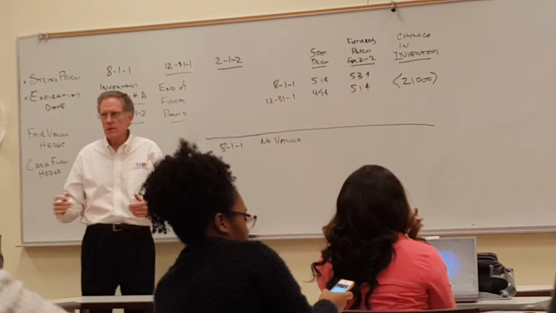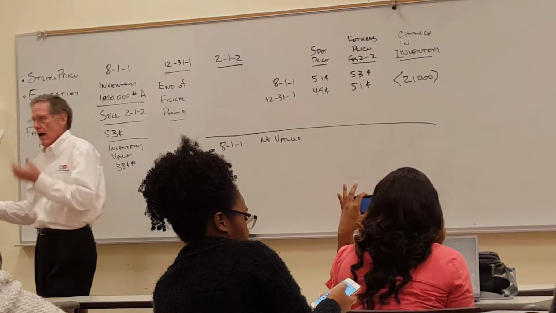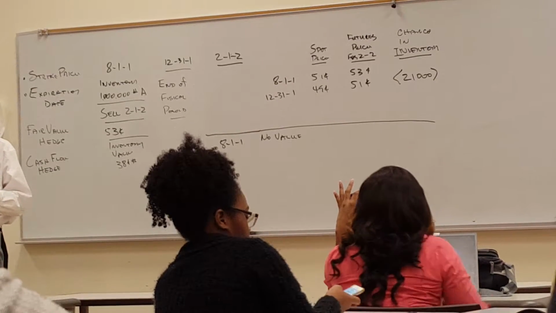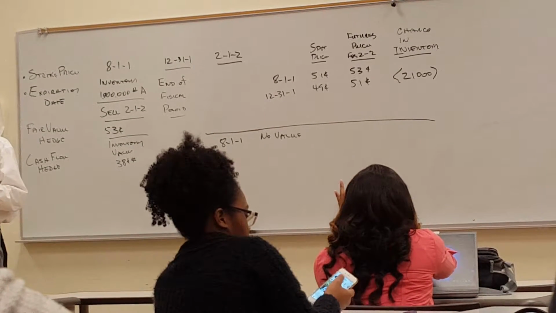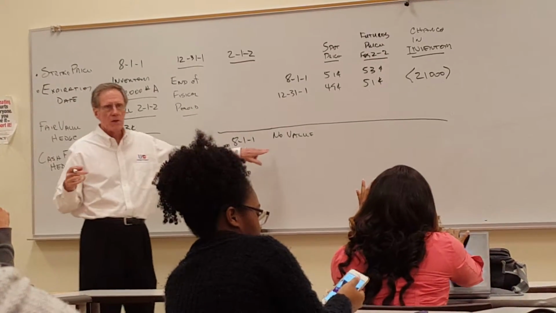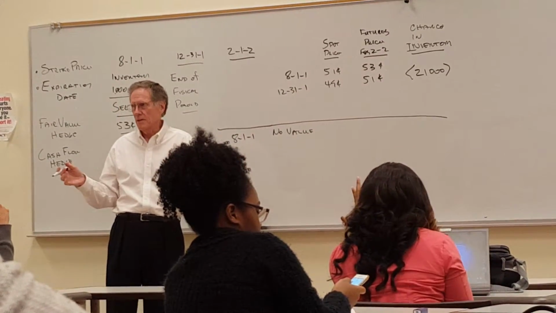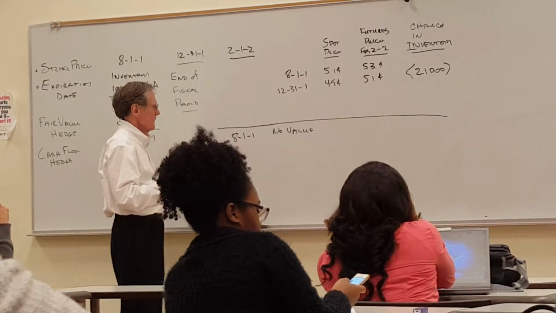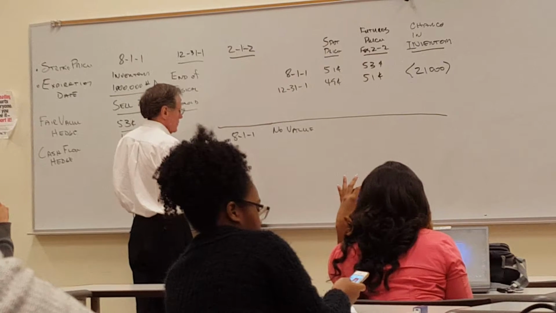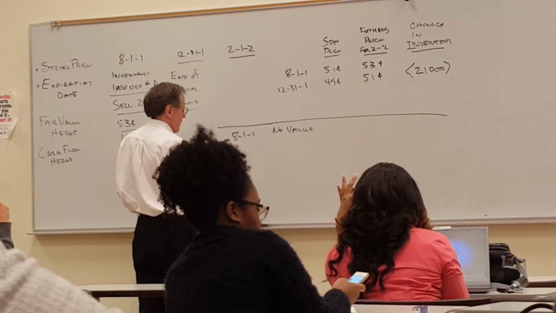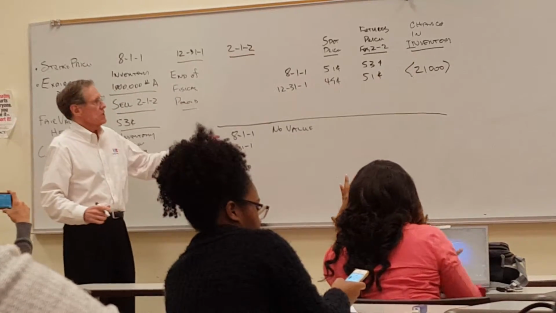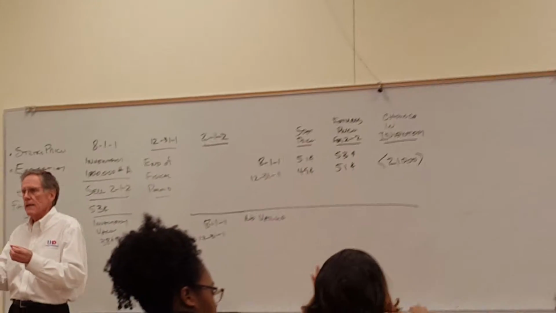I say there's some value because in real life there is, but for the purposes of accountants solving problems on the CPA exam in this area, there's no value. We come along to 12/31/1.